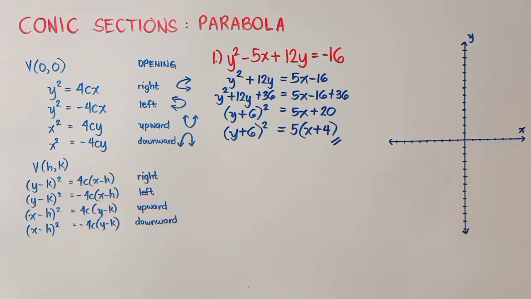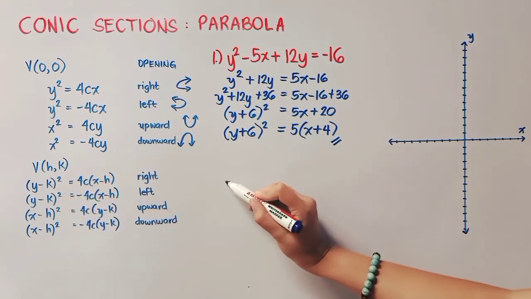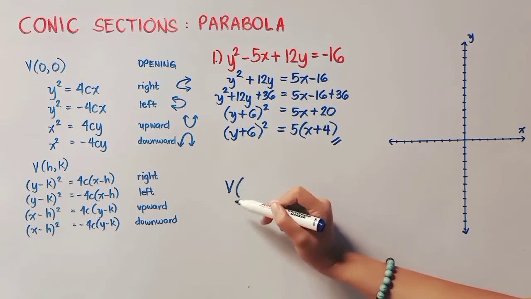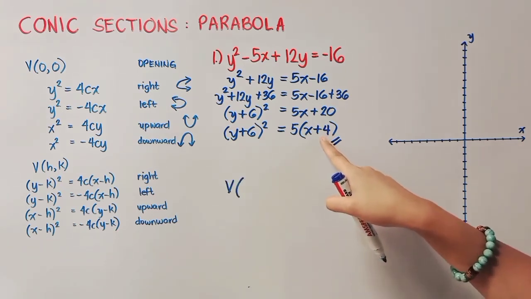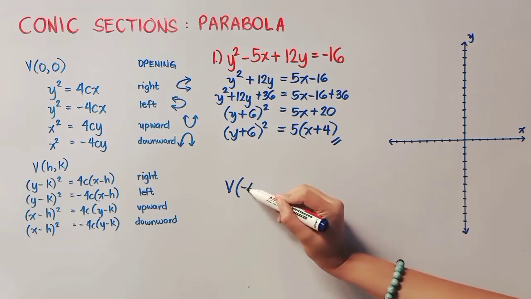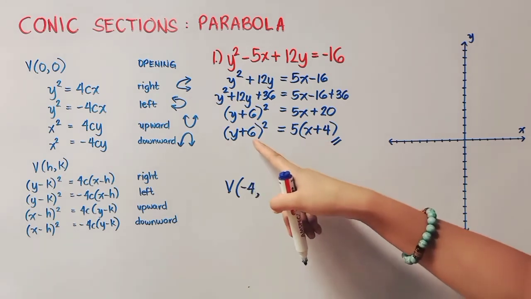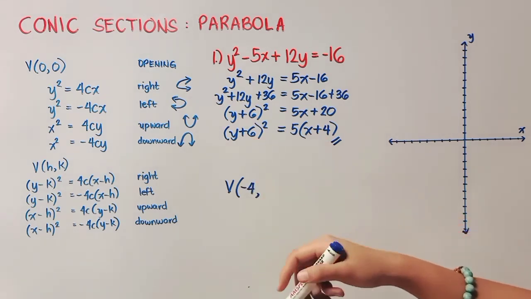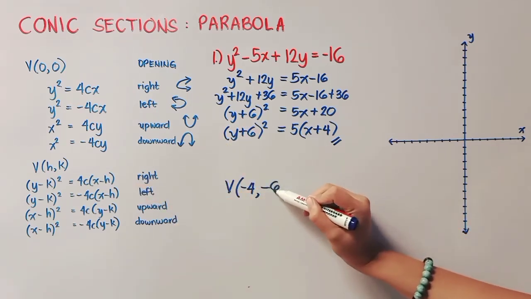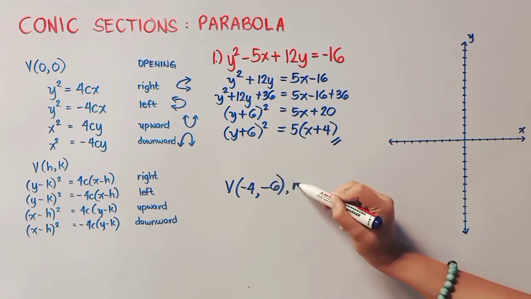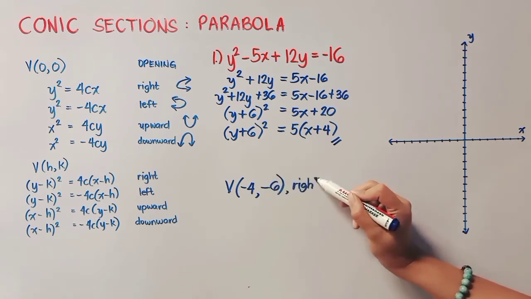So that means our vertex is (h, k), where our h is plus 4, but in the form it's minus 4, so we make it negative 4 because negative times negative is positive. Same with k, that will become negative 6, and our parabola opens to the right.